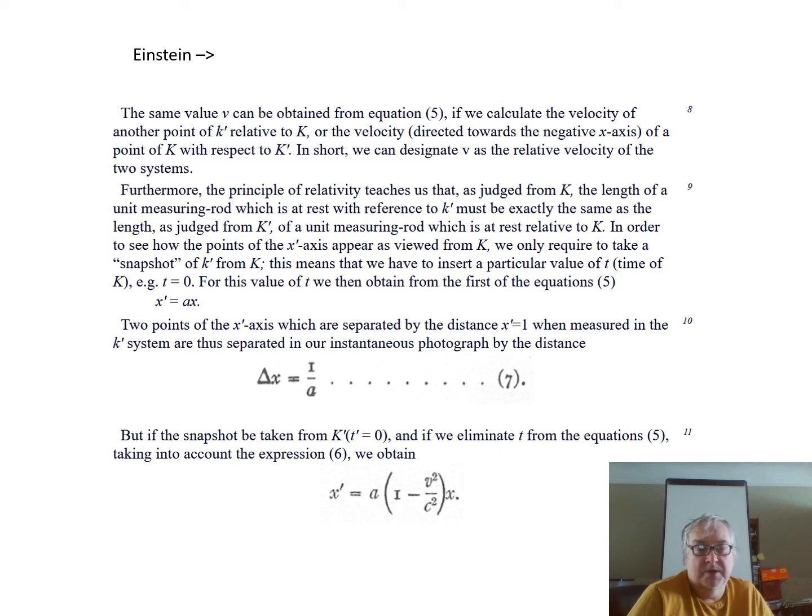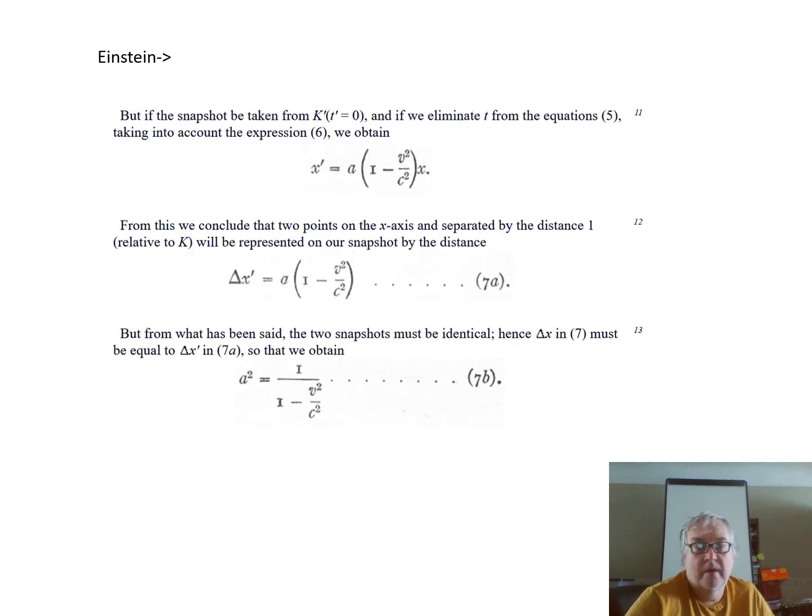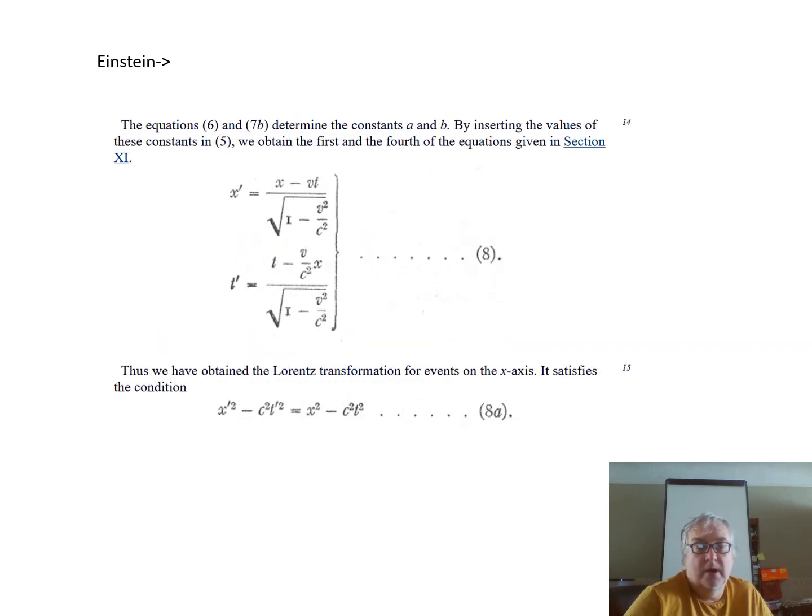He gets to equation 7 and he goes on, and further manipulation, and he then gets this. And finally, with equation 8, he gets the Lorentz transformations relating x prime with x and t prime related to t and x.